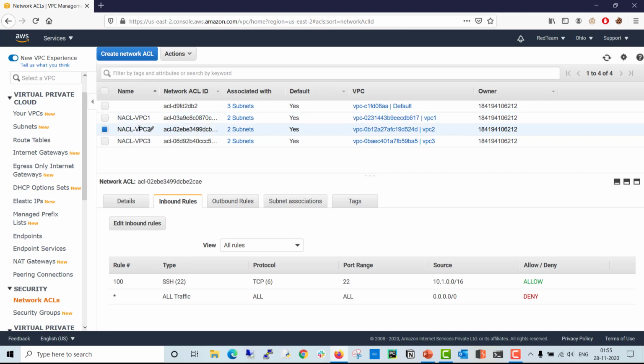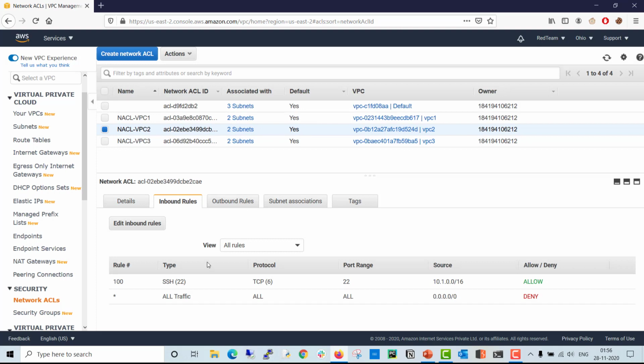Similarly, when you look at VPC2, only SSH is allowed from incoming connections. That means from the internet or from another VPC, anybody can access only SSH on whatever instances you have in this subnet or this VPC, because it's attached to both subnets.